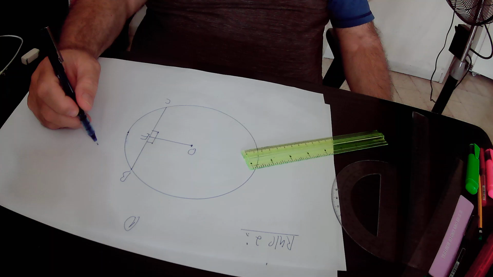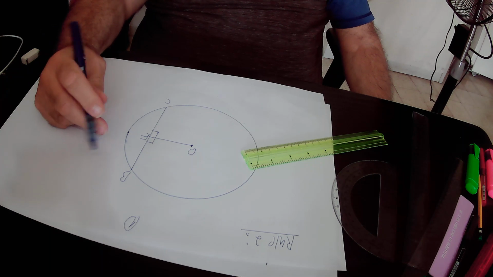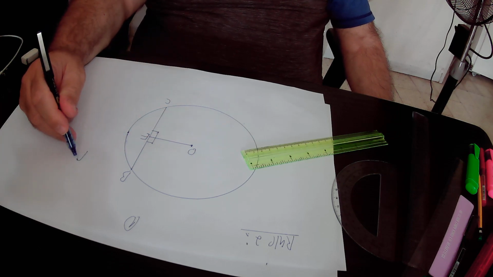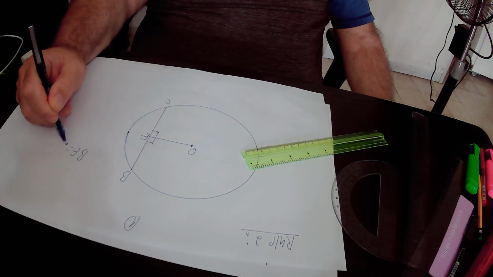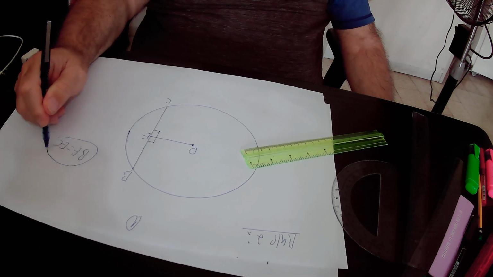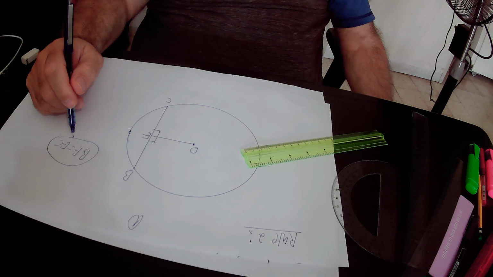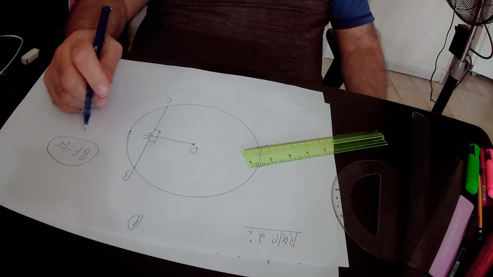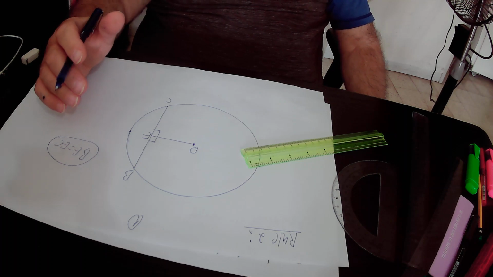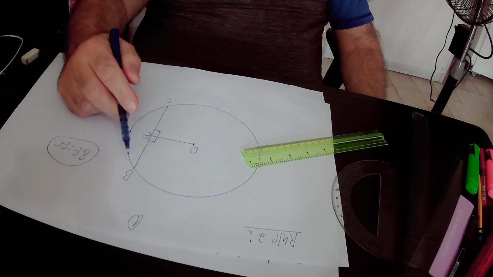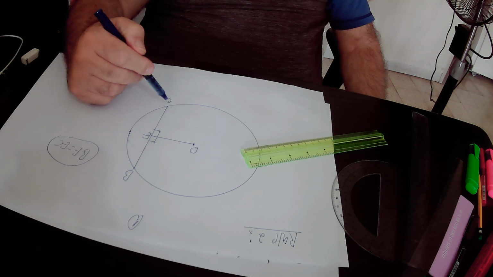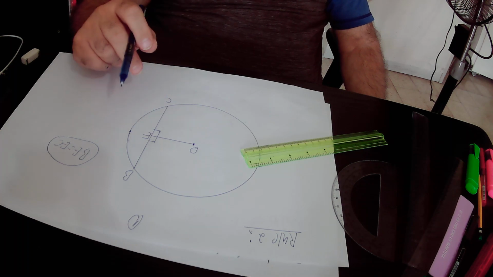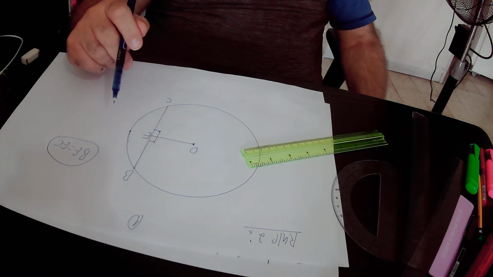That is to say, BC has been bisected by OE, which means that BE is equal to EC. So whenever you draw a perpendicular from the center of the circle to any chord, it bisects the chord. In this case, chord BC has been bisected, so BE equals EC. Okay?